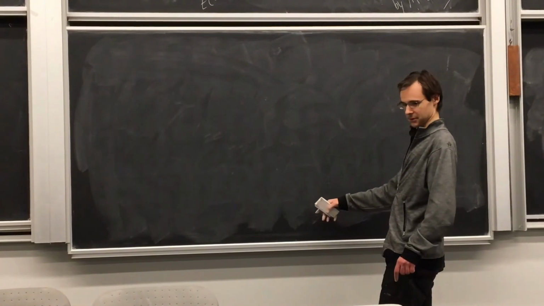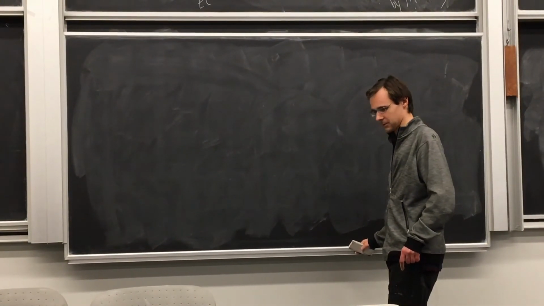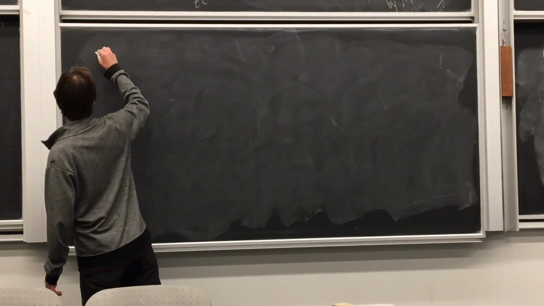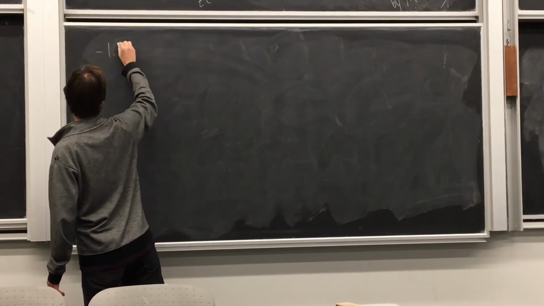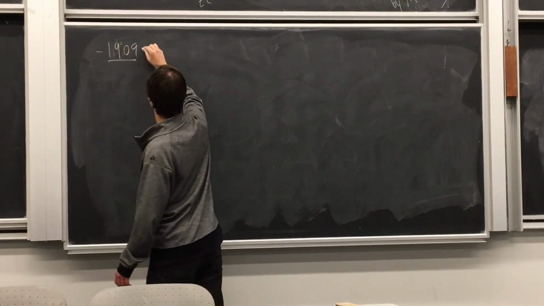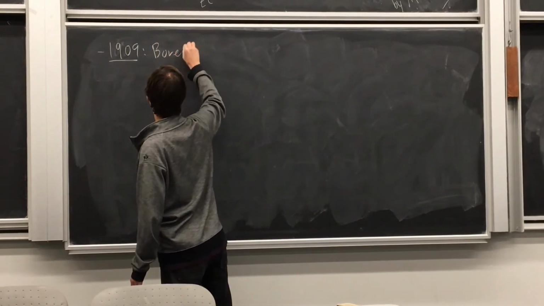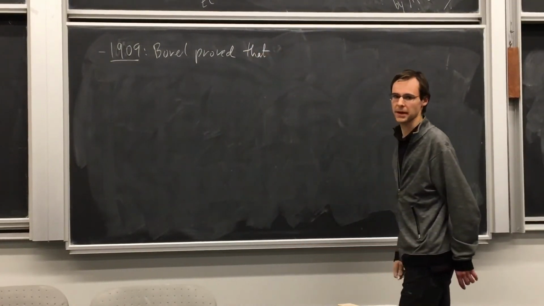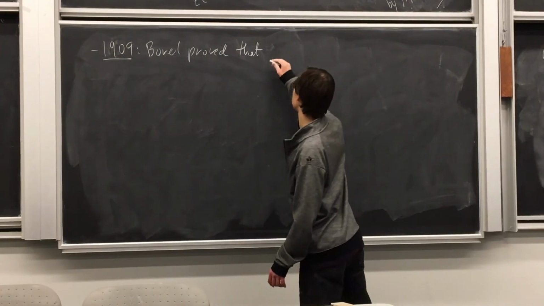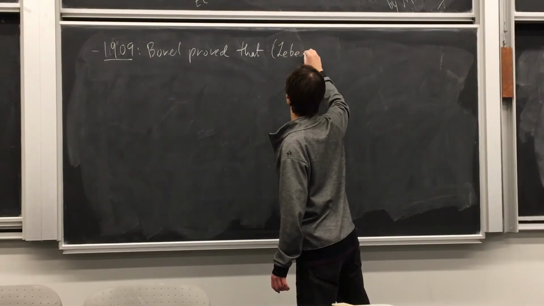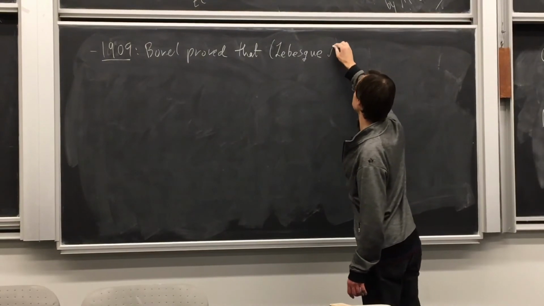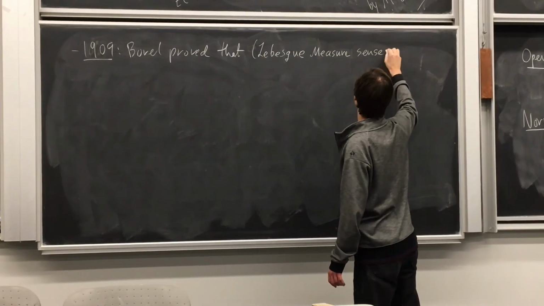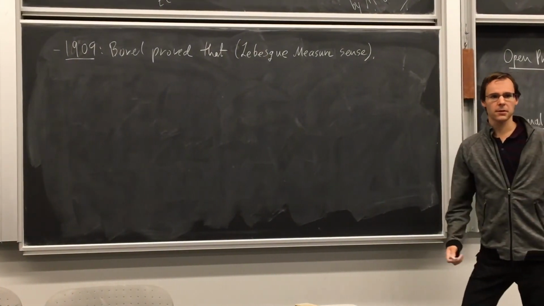Okay, so in 1919, sorry, what did I say? 1909, there we go. 1909, a guy named Borel proved that in the Lebesgue measure sense, there's how you spell it, Lebesgue measure. You probably don't know what Lebesgue measure is, but you can look it up if you want to.